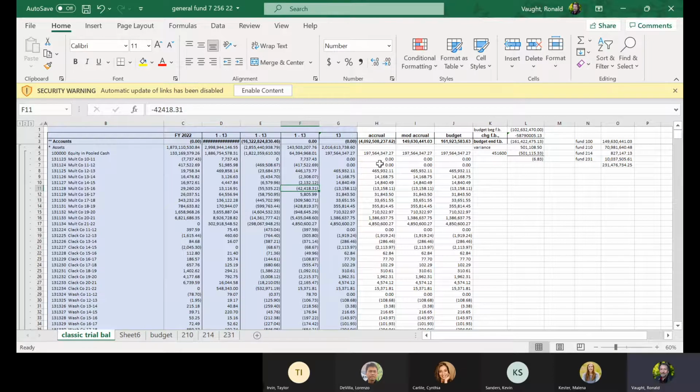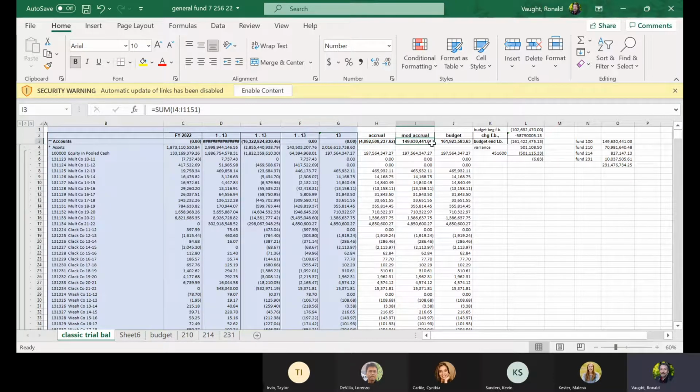So you can go through a balance sheet and figure out what the accrual basis accounts are, what the modified accrual basis accounts are, and what the budgetary accounts are. And then up here, this is the general fund, Fund 100 net position.